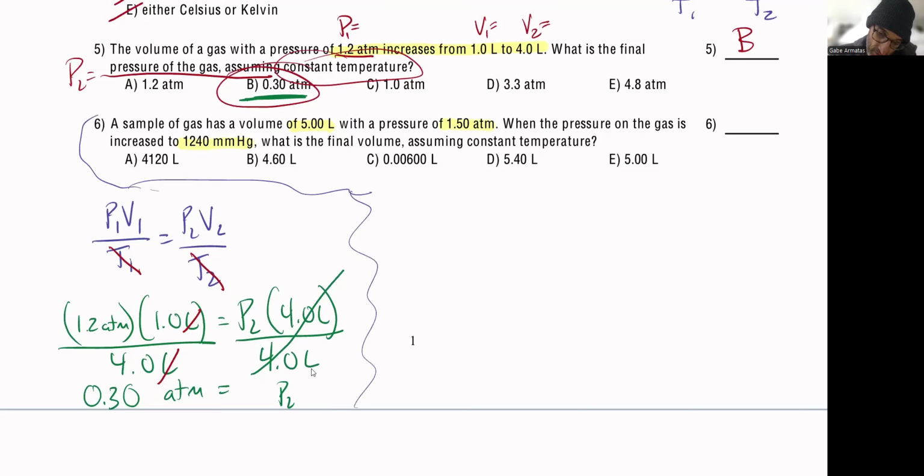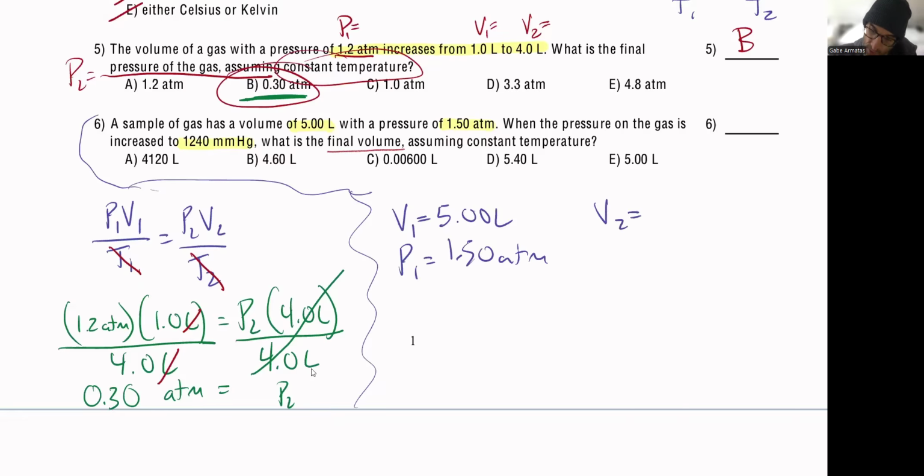What is the final volume at a constant temperature? So what we're looking for is the final volume. So what do we have? I'm going to write these down below. Sometimes it's easier to do that. So here we go. I have a volume 1 of 5 liters, an initial pressure 1 of 1.5 atmospheres.